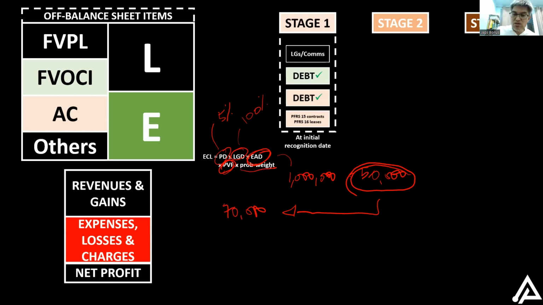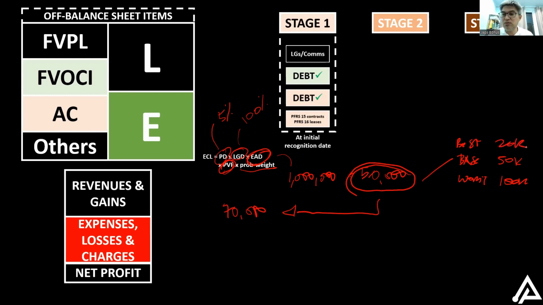Probability weight, ito yung mag-scenario analysis ka. Pwedeng optimistic, base, tsaka worst case. For our purpose, we can ignore that. Pero that still is being done in practice. Meaning, ang base case is 50,000 loss. Ang worst case is 100,000. Ang best case is only 20,000.